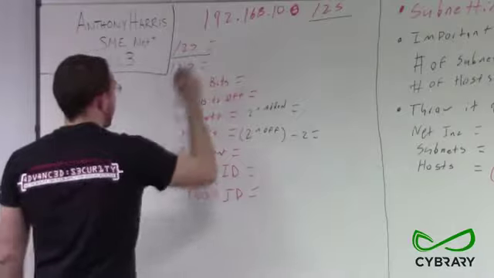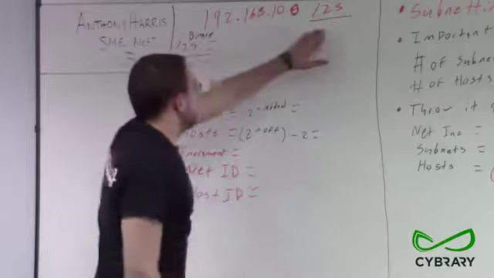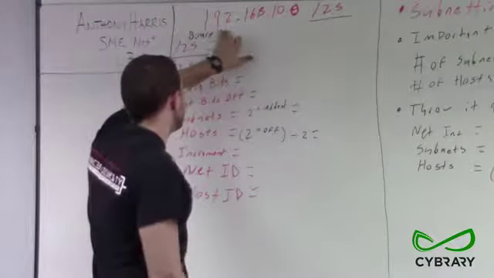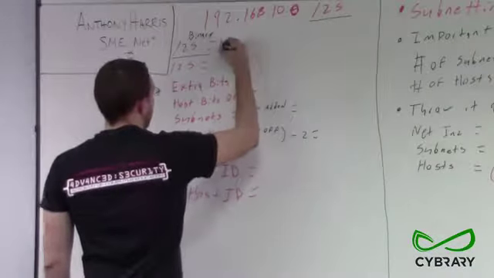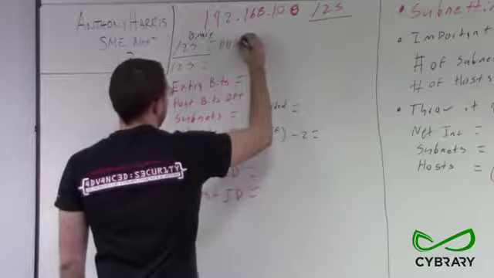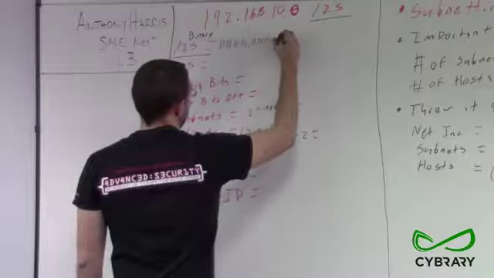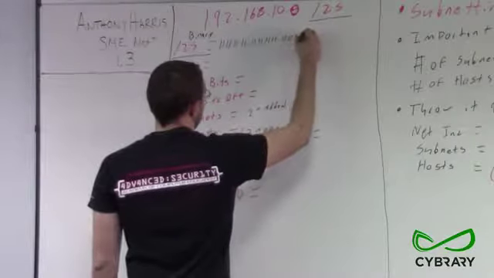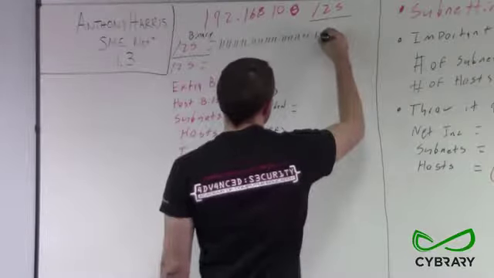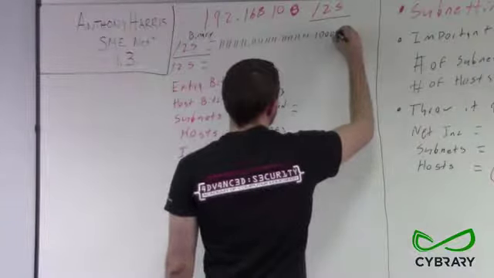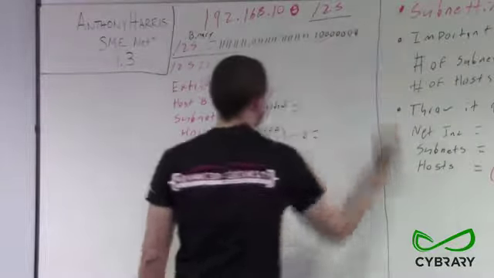So in binary, a /25 CIDR notation on a 192.168.10.0 IP address will translate to 11111111.11111111.11111111.10000000.